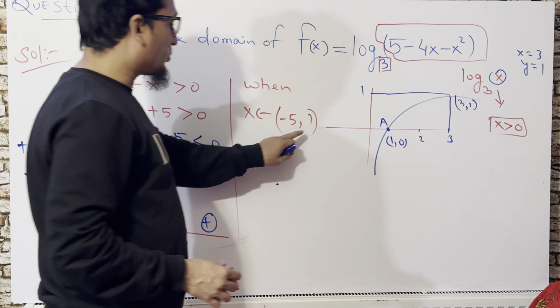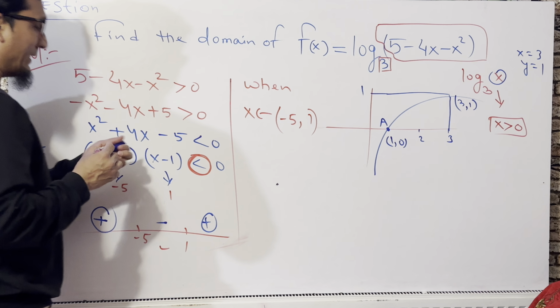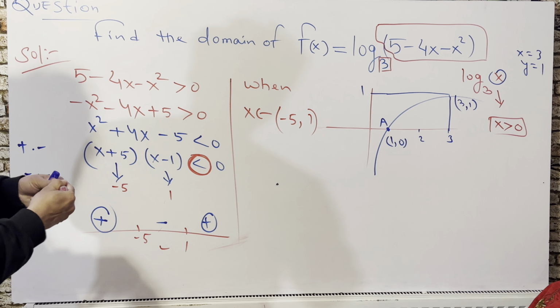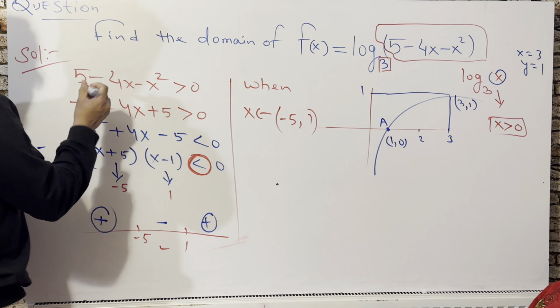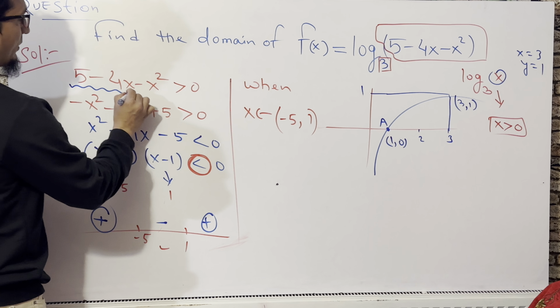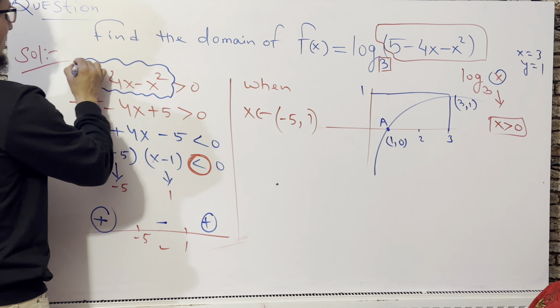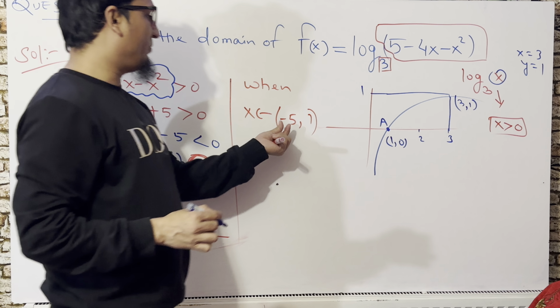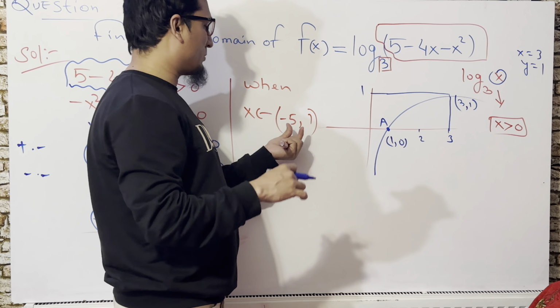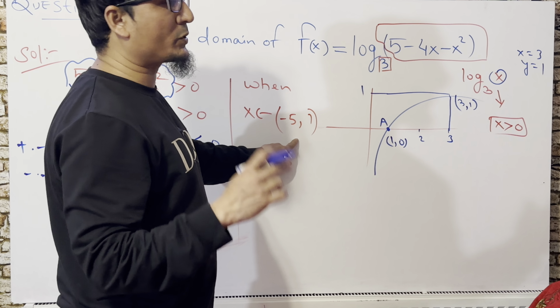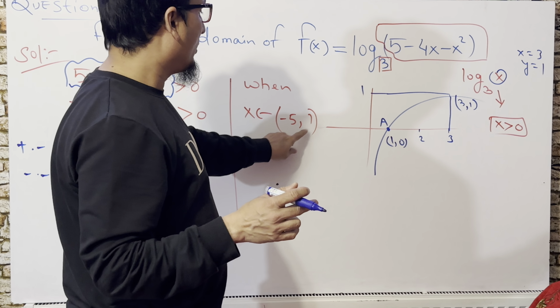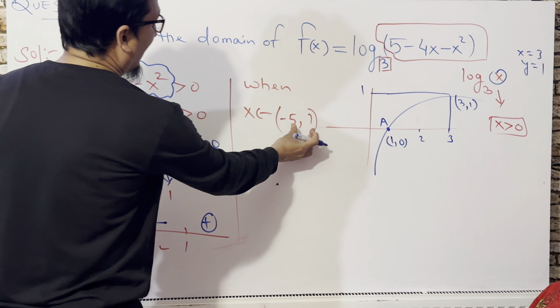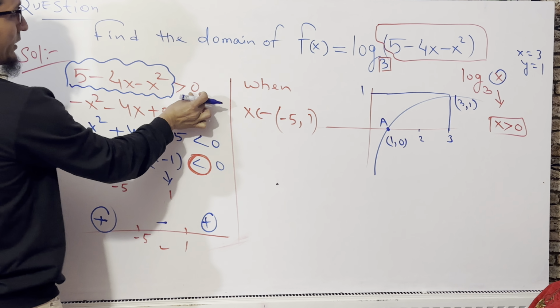If you take a number between minus 5 and 1, such as minus 4, minus 3, minus 2, minus 1, 0, and less than 1, you will find the value greater than 0.